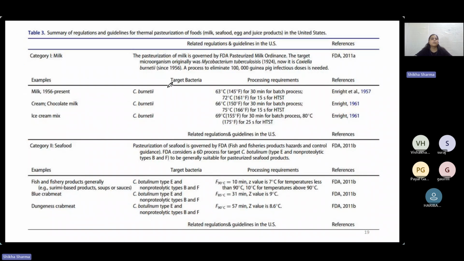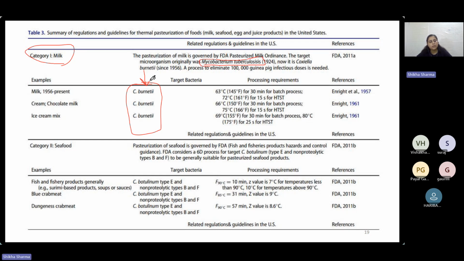So what happens? I provided some examples by category. If we talk about milk, previously we discussed Mycobacterium tuberculosis, that its count should go down. But now mostly we take C. burnetii also in the count, the target microorganism. This is a target bacteria which needs to be reduced in milk products.